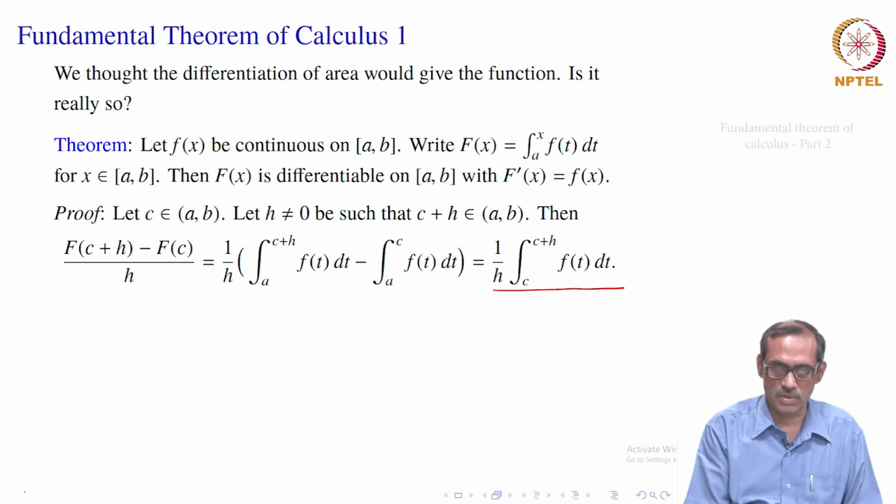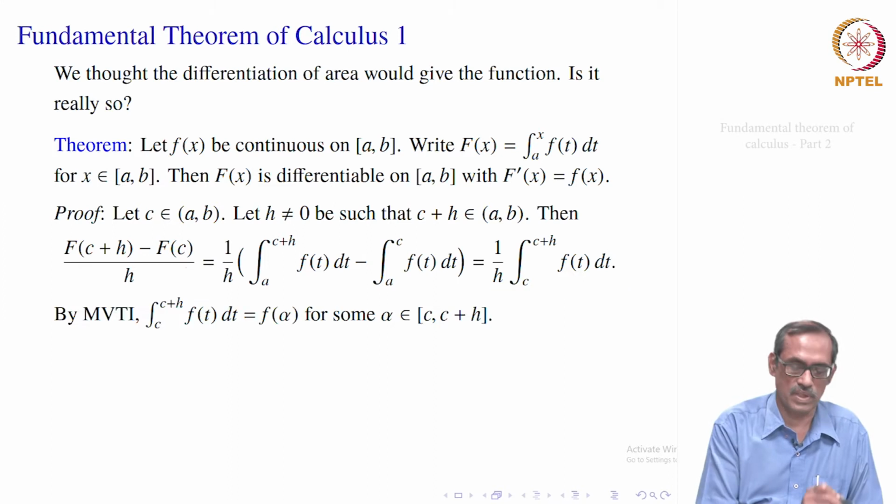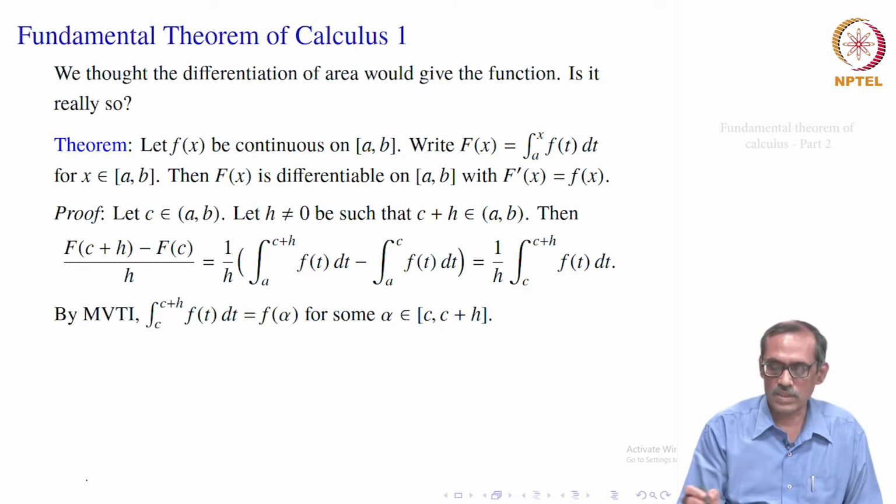So, this is the ratio, and we are interested in finding out the value of this expression, 1 by h integral c to c plus h f of t dt, when h approaches 0. Now, let us look at this integral. We can apply the mean value theorem for integrals over this.